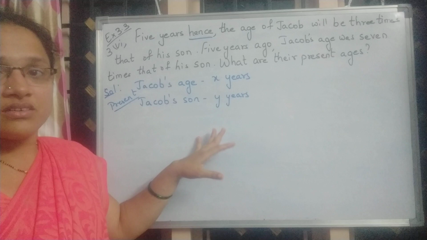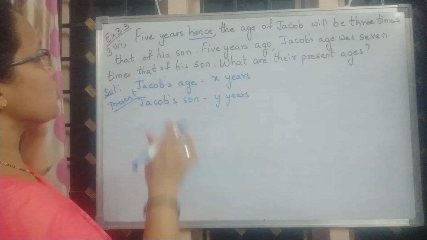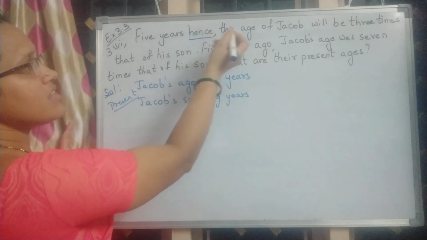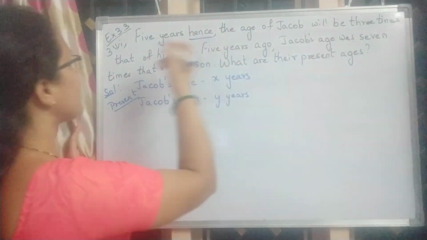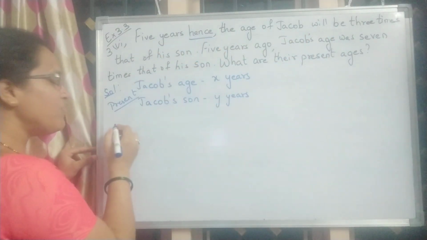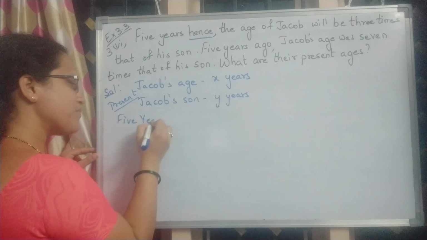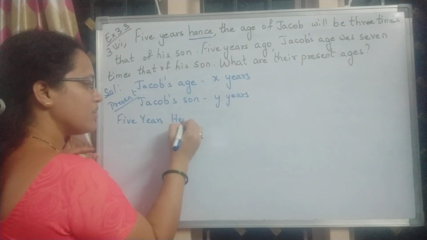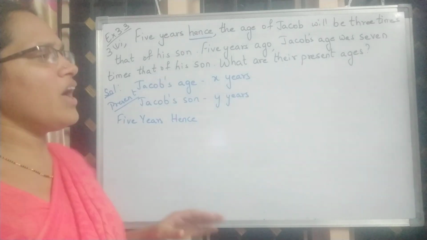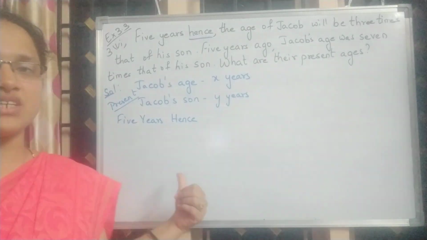After giving the variables, you first go to the first statement. 5 years hence, the age of Jacob will be 3 times that of his son. So you write 5 years hence. Children, I have a small question for you before writing the statement.